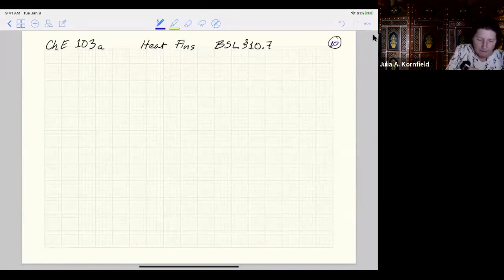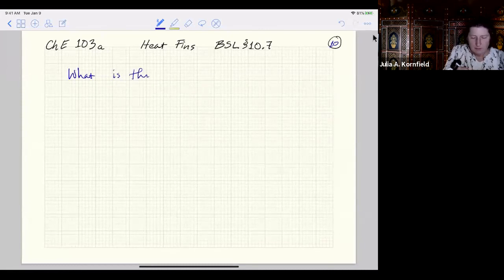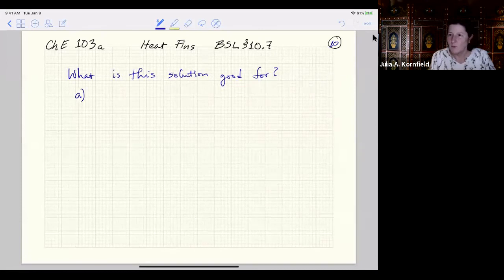So what is this solution good for? On one hand, we want to know how much energy we are now getting out by adding fins compared to what we would have gotten out if we didn't add fins.